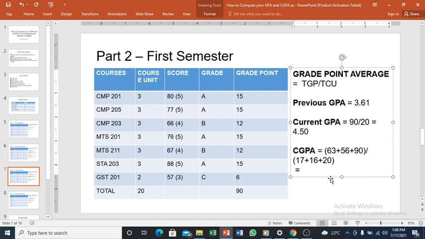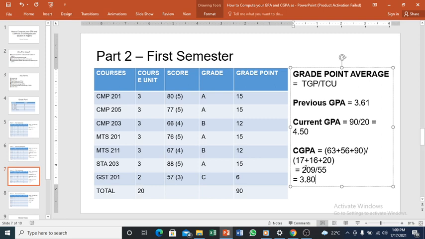That gives us 209, divided by all the total course units: this is for 100 level first semester, 100 level second semester, and 200 level first semester. So this is 33 plus 22, that's 55. So we go 209 divided by 55. So that's 3.8.